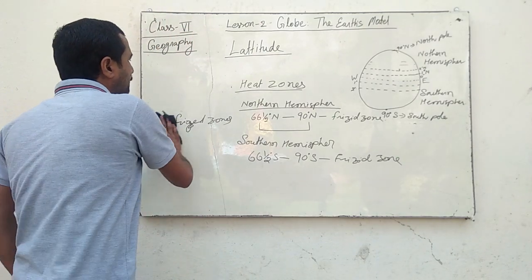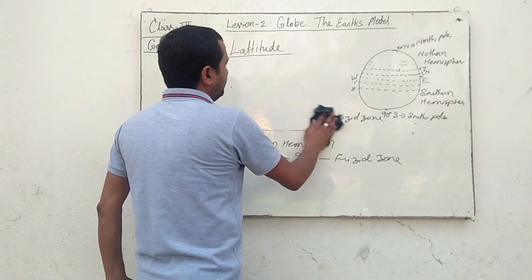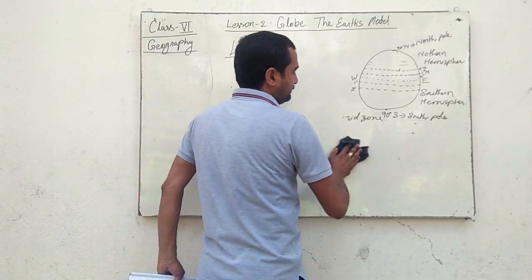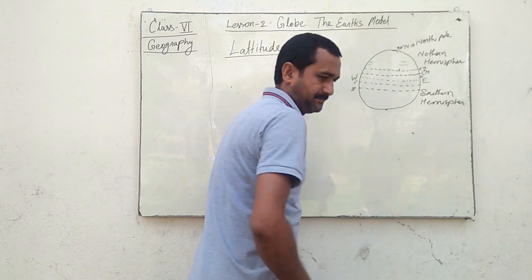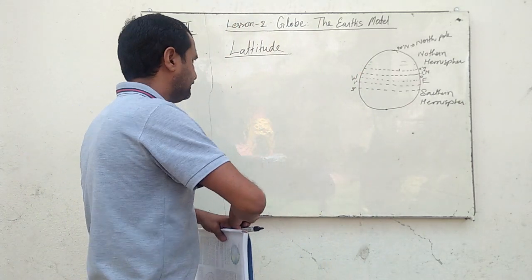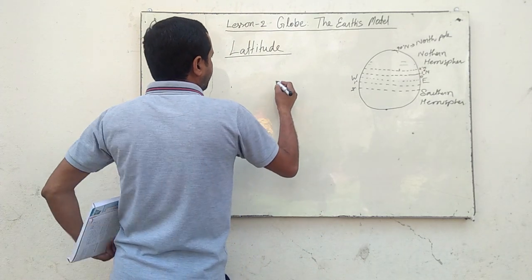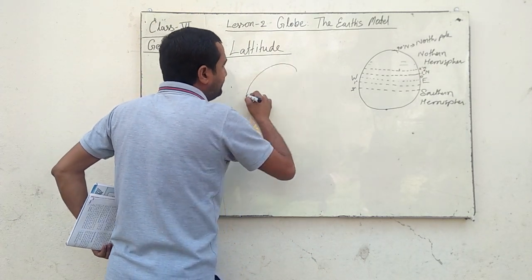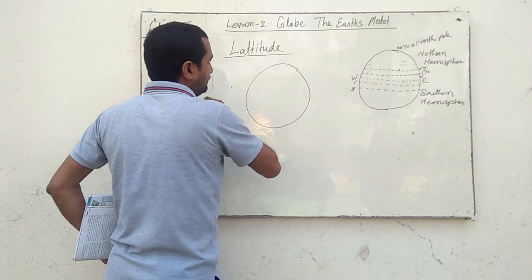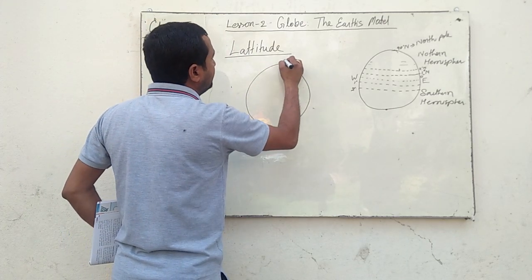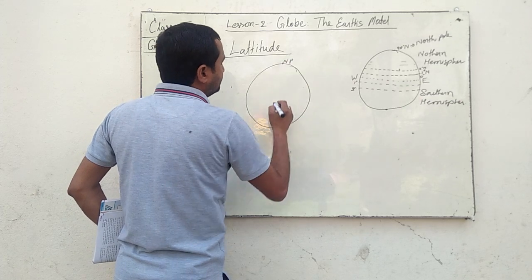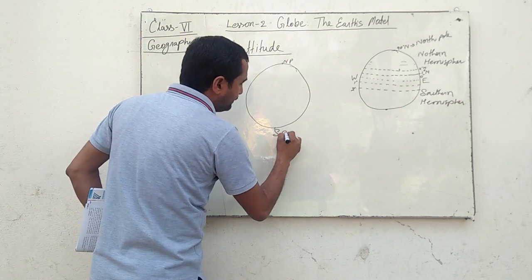Now we will move towards the longitude. Let us discuss about longitude. For your convenience, I am drawing another globe. As I have shown you in the previous globe, this is North Pole and this is South Pole.